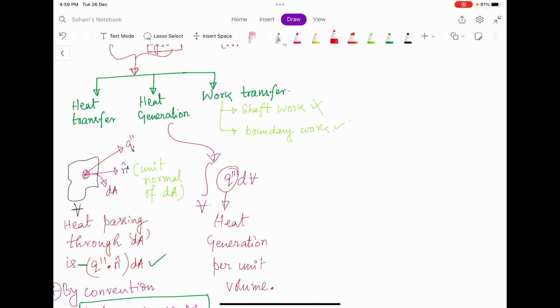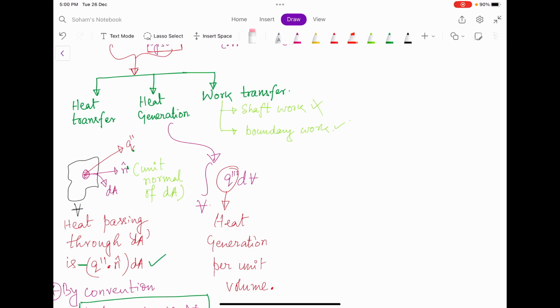Now this is very important. In any system, in an infinitesimal control volume, we are not supplying any shaft work by an external means. So how can we express the work transfer?